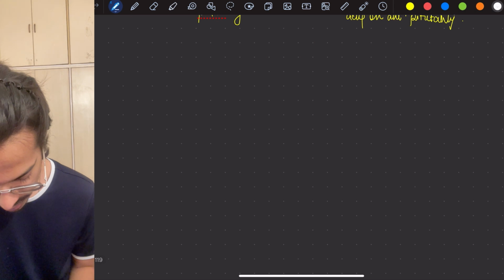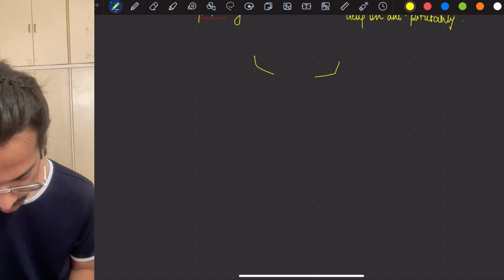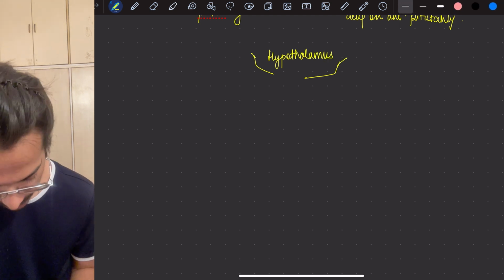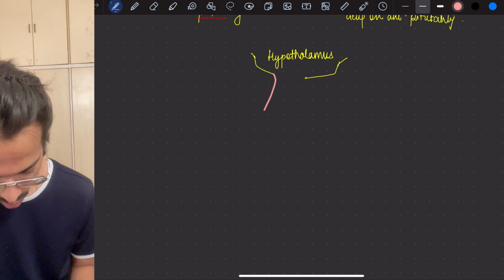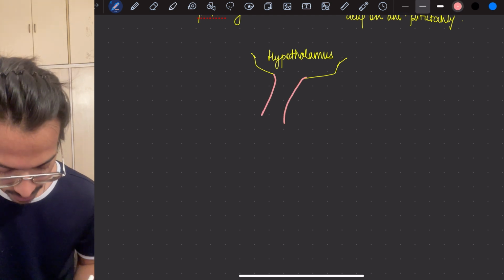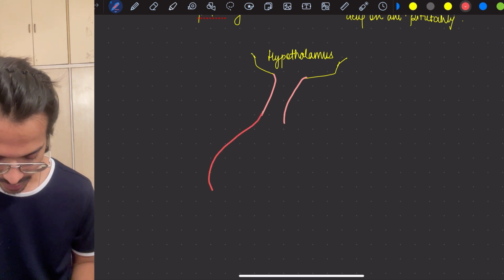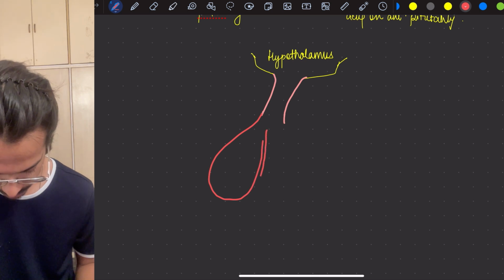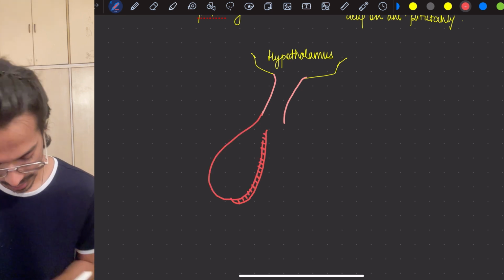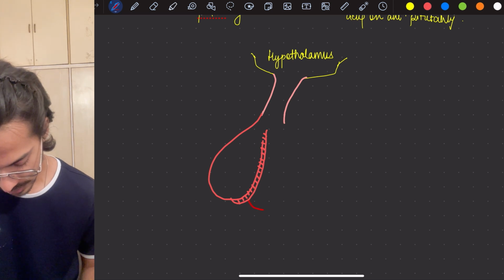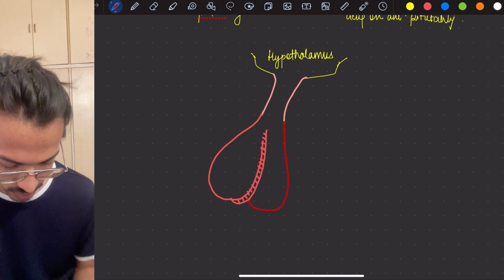So imagine that this yellow color part is your hypothalamus. Just imagine. And from this hypothalamus arises a stalk kind of structure, and this structure bulges at the end into a certain front part and a certain backward part.